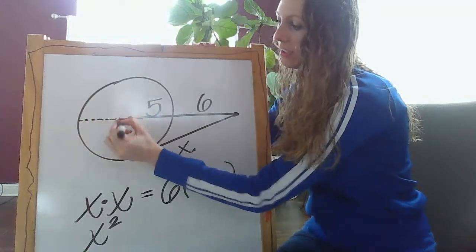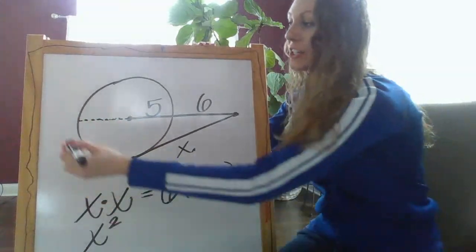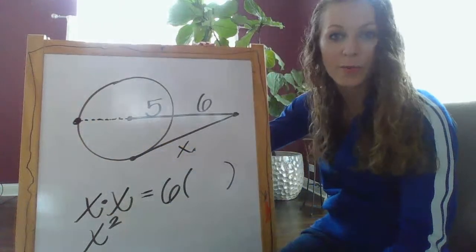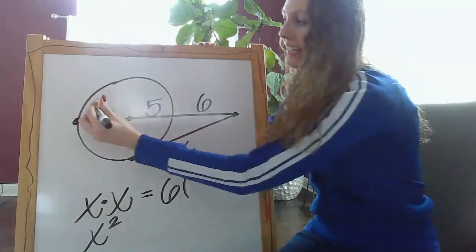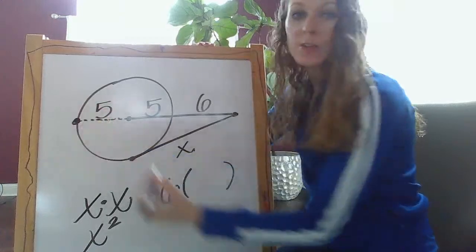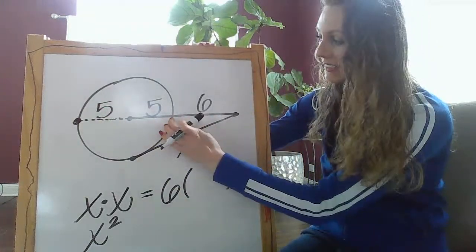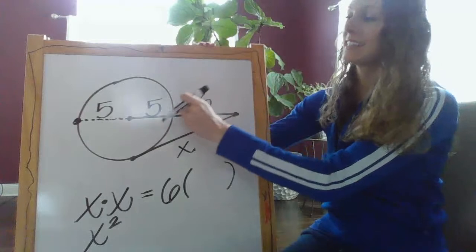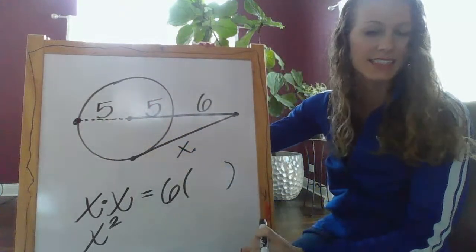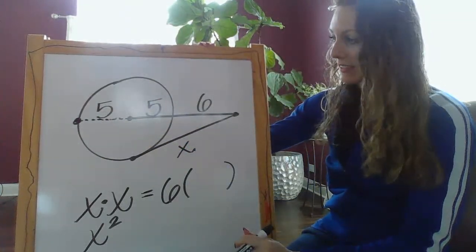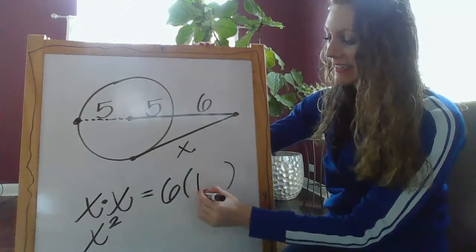We got our super jinky dotted line all the way to the edge of the circle, all the way over here. And so since that was our radius, this would be 5. So now you're seeing where the 6 times 6 plus 10 comes into play. So yeah, it would be 6 times 16.